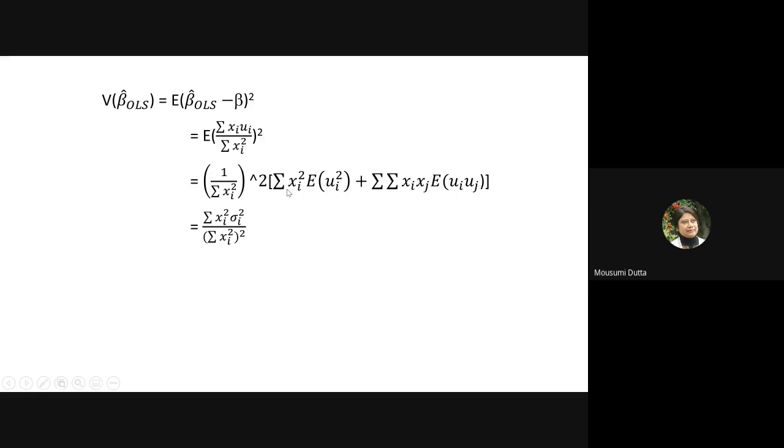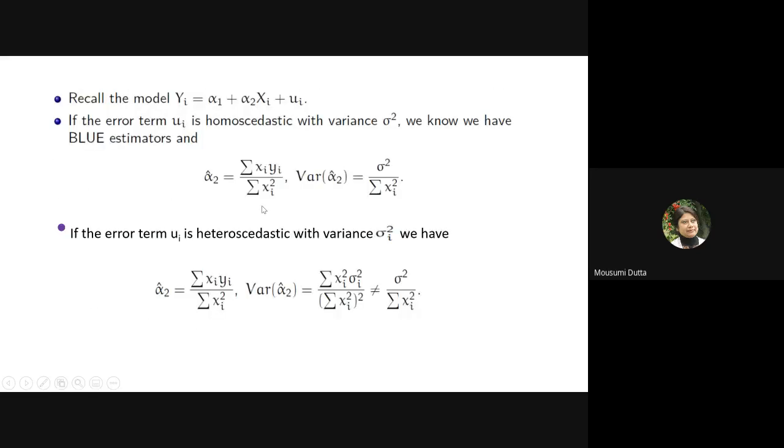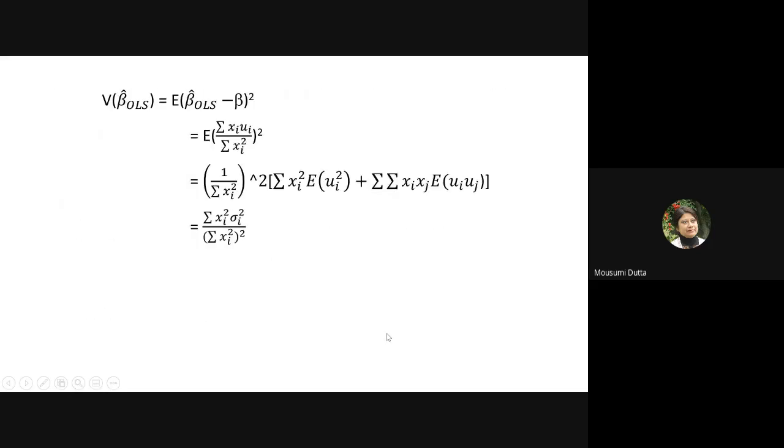However, expectation of ui square is sigma i square. So summation xi square, sigma i square, and this whole square term is there. As I mentioned in this slide, it will come like this. We are exactly getting that when we are considering the variance of beta hat OLS.